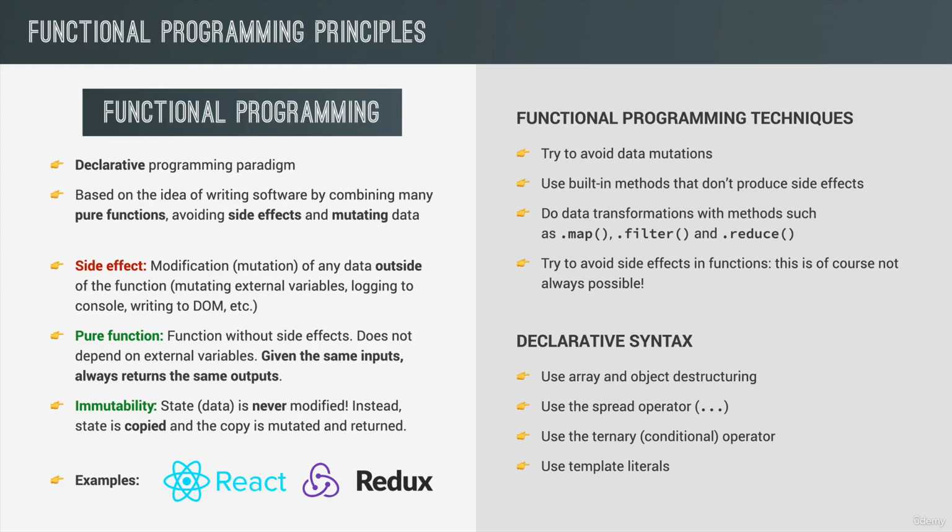Because if you think about it, all of these four ways of writing code actually make the code more declarative. These operators are more about telling the code what to do and not exactly the steps that it should take, right? And that's true for all these four pieces of syntax.